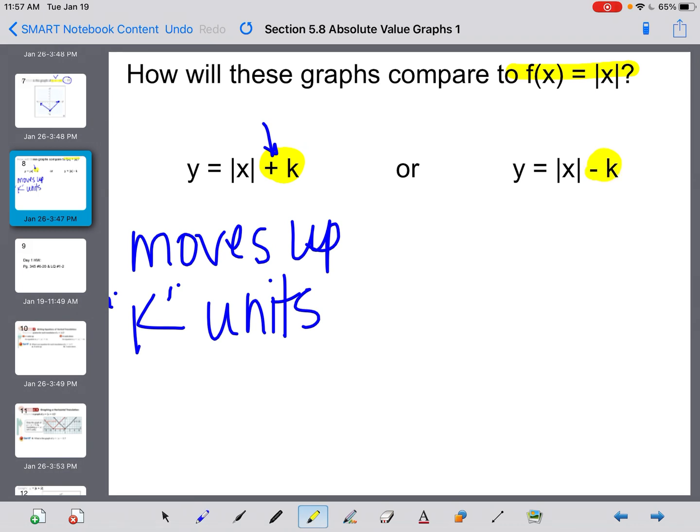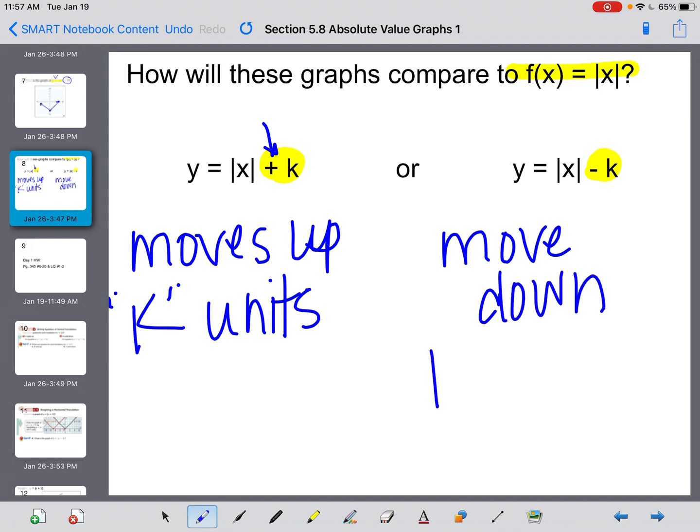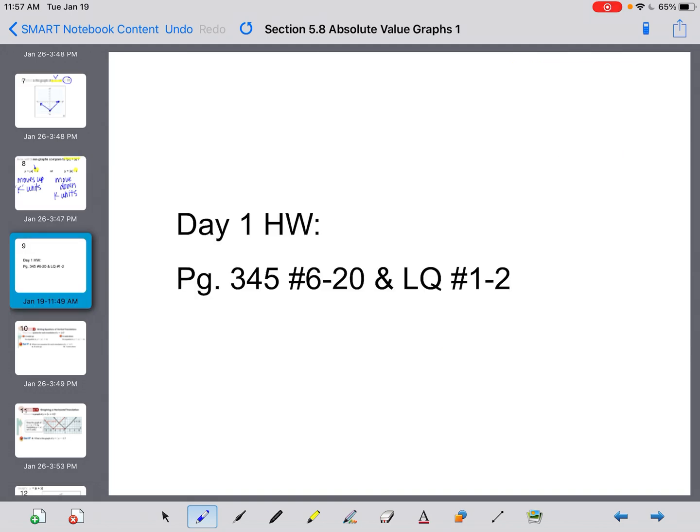Because this one is subtracting, that means that I move down that many units. Okay, adding on the outside of the absolute value bars moves it up. Subtracting on the outside of the absolute value bars moves it down. All right, that's all that we're going to talk about today.